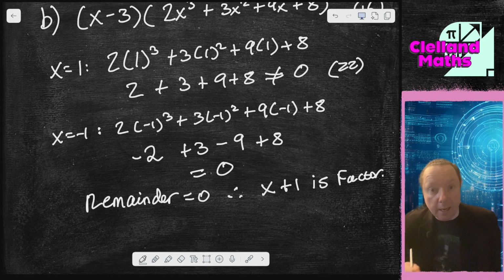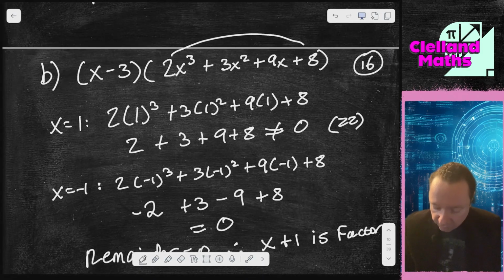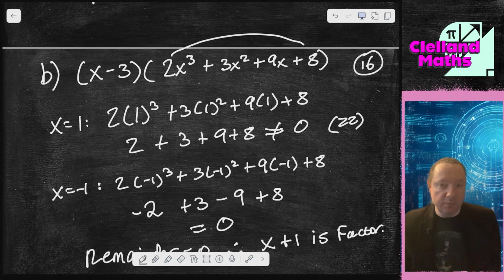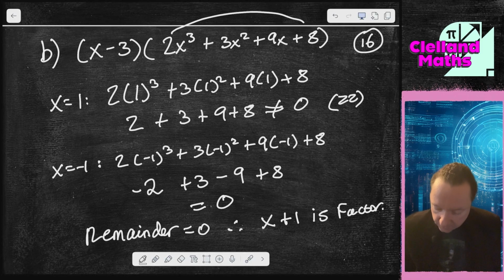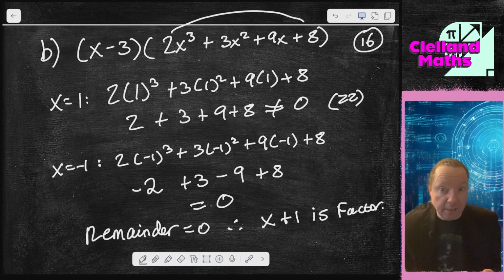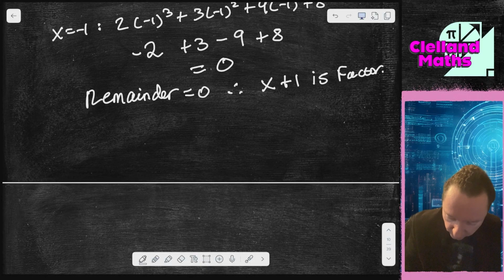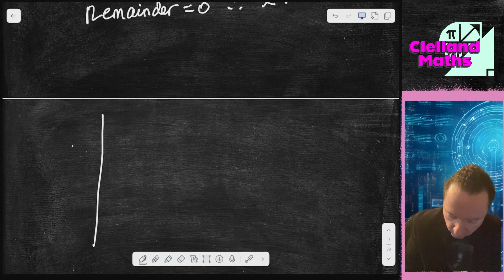And now we can try and factorise it by doing synthetic division again. Notice I always sub in first because I think it's easier to do that than synthetic division over and over again. It's just quicker. But if you find synthetic division over and over again until you get the right answer, that's fine. So we do my synthetic division. So let's just check what we've got.